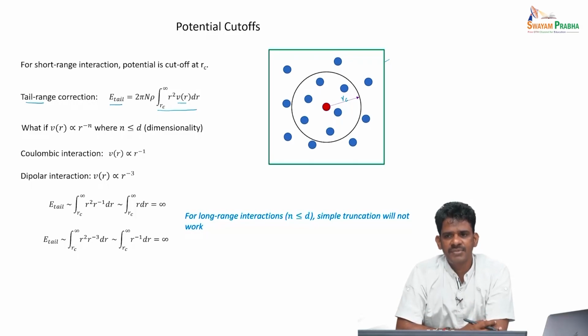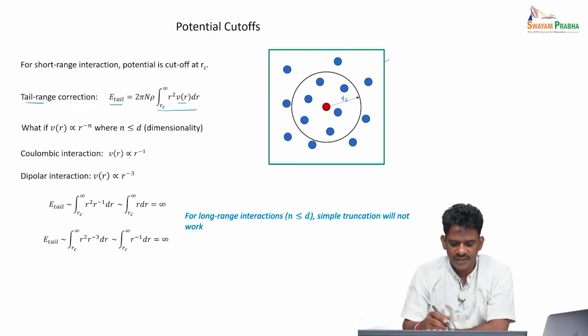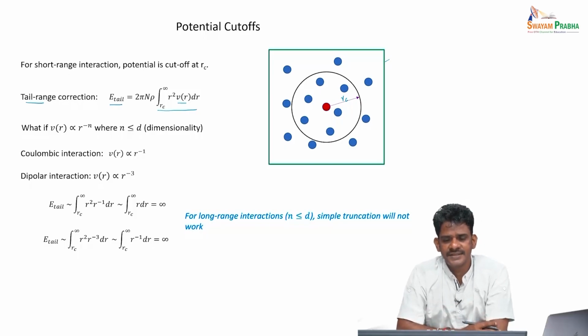This correction can be added after you do the simulation as a post-processing step. For the Lennard-Jones potential, which falls as 1 by r power 6, this integral nicely converges to a constant value.